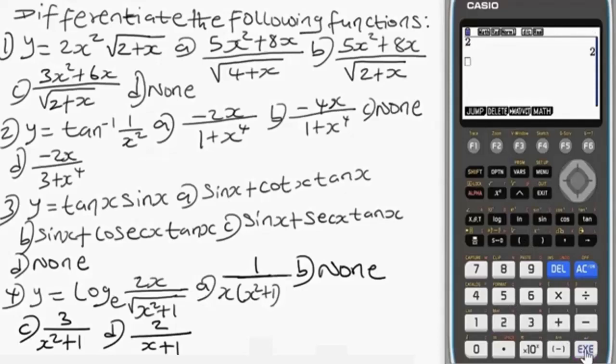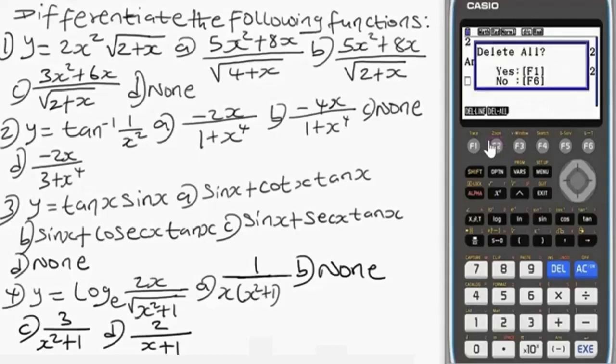Then you press this arrow button. Now I want to store it as x, so you press alpha, this plus button, that's where x is. Then press execute. Once you do it, it will indicate that x has been stored as 2 on this calculator. So we are good to go. Now let's delete everything. Delete all, F1.